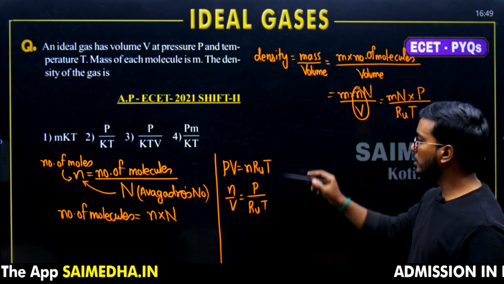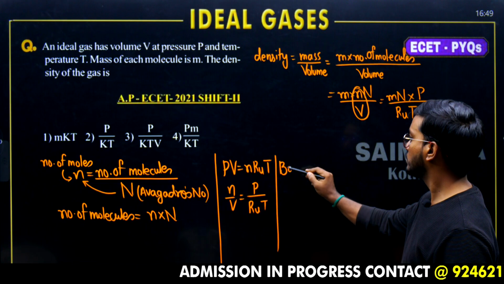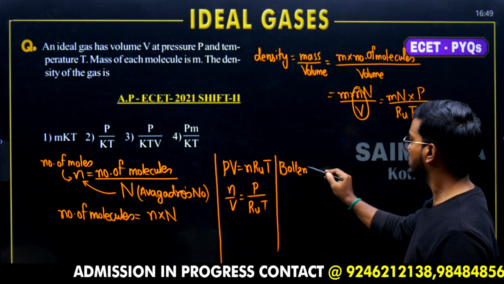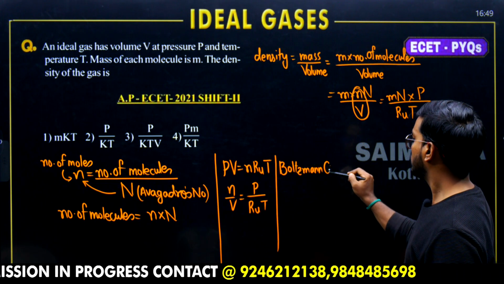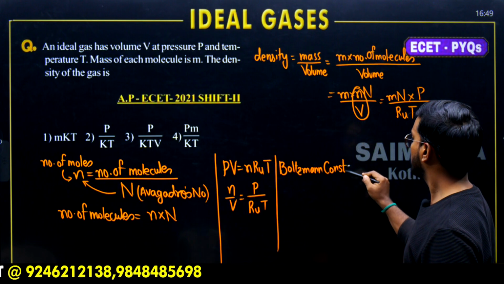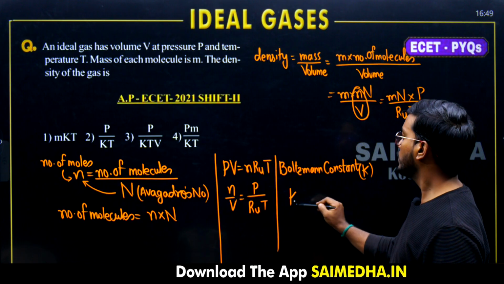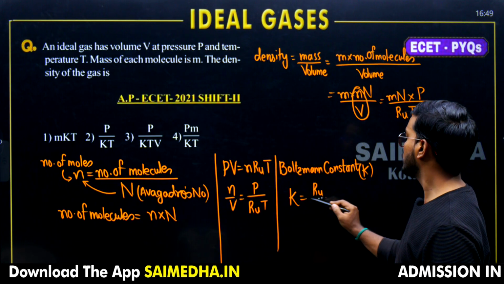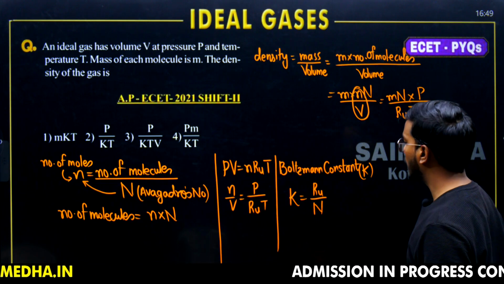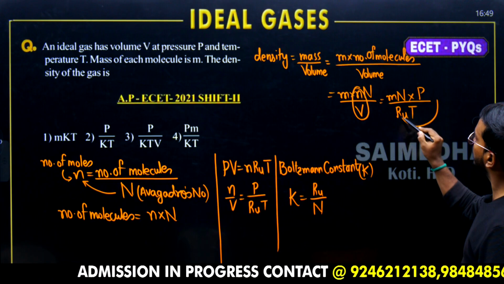Now to solve further, we need to know the third formula, that is the Boltzmann constant, K. Boltzmann constant K is the universal gas constant divided by Avogadro's number, RU by N. So now we have RU, and this N is coming in the denominator.